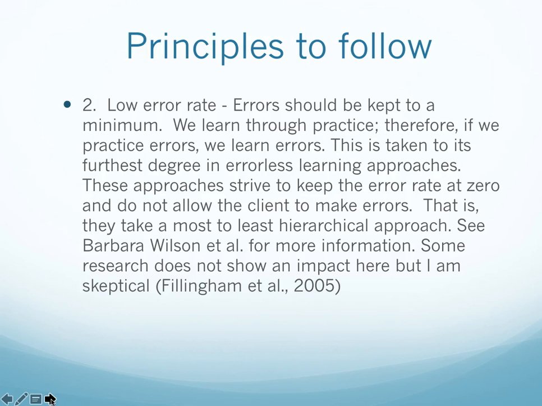We want a low error rate. So once an error is made, we want to try to prevent an error. We want to try to get the person to have the stimuli be adequate, that they will produce what we want them to produce, and then we'll talk a little bit about fading back the support. But we want to start there so that they get the correct response. If they don't, we want an error correction procedure or a consequence that is likely to get them to produce the correct answer on the next item.